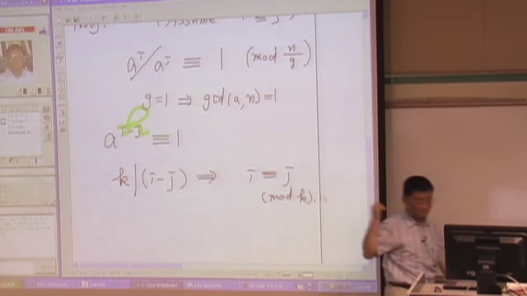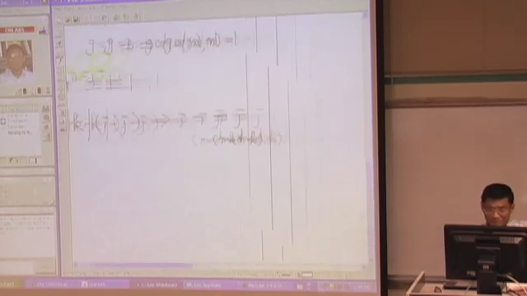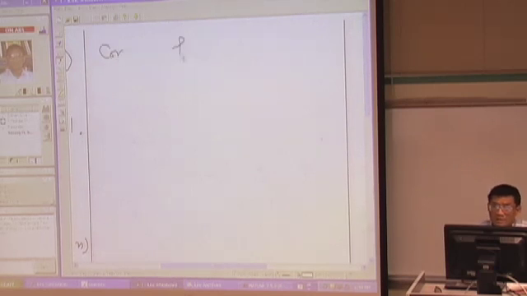Any questions? The next thing that I want to prove is a statement like this, a corollary. Assume that k is the order of a.